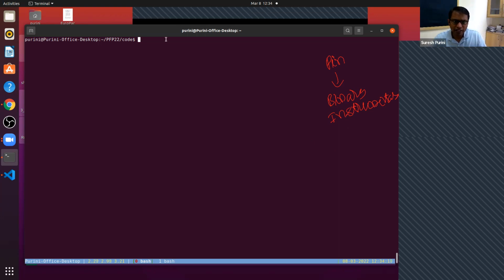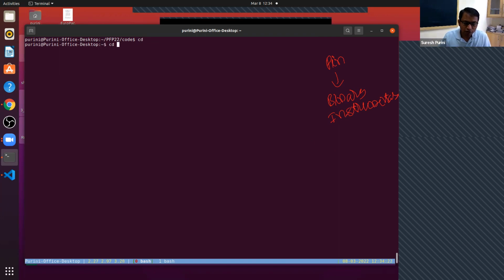And I'll just show you one very interesting example, an application of Pin. Let's say there is a program that you want to execute and understand its properties, like whether the compute intensity is coming from integers or from floating point numbers. To estimate that is a very painful job.